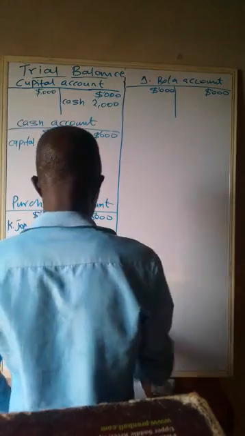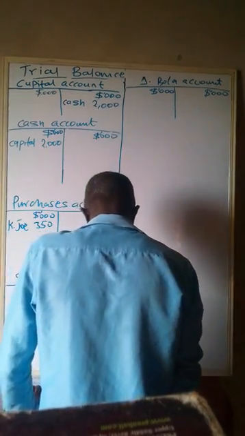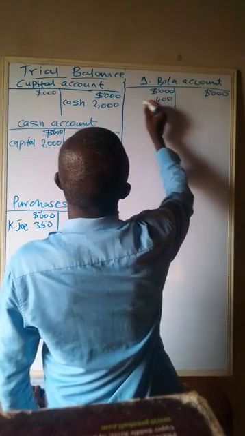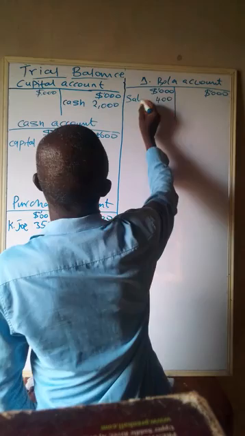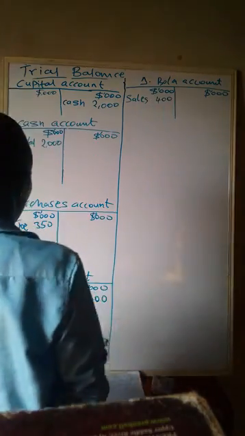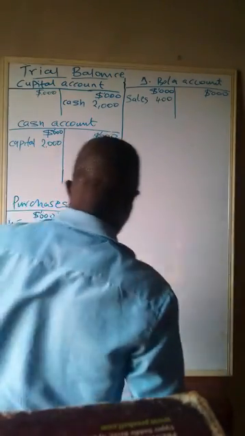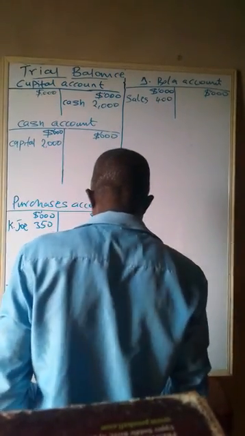And what is the amount? $400,000. And the corresponding entry is the sales account. Credit, debit. May 7.